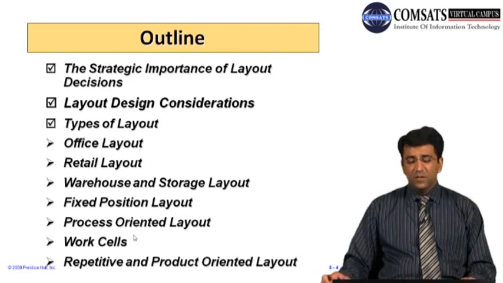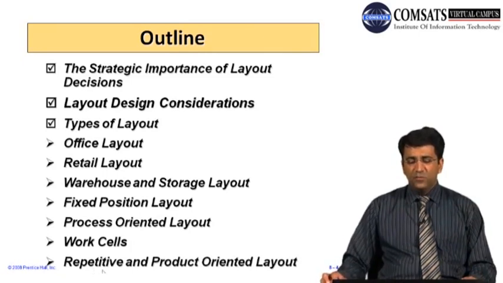Another layout type is the process oriented layout. In this type of layout we will discuss what the layout should be when we are going to produce low volume and high variety products. Then there are work cell layouts, and again students, this type of layout is important for the production of a single product or a group of relevant products.